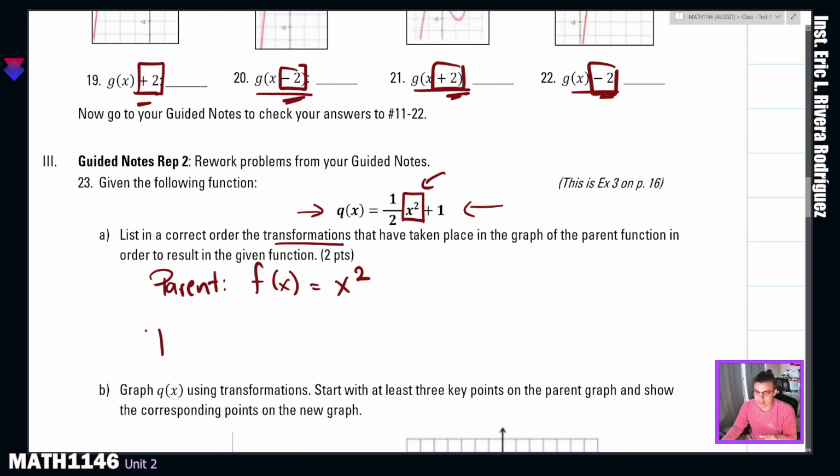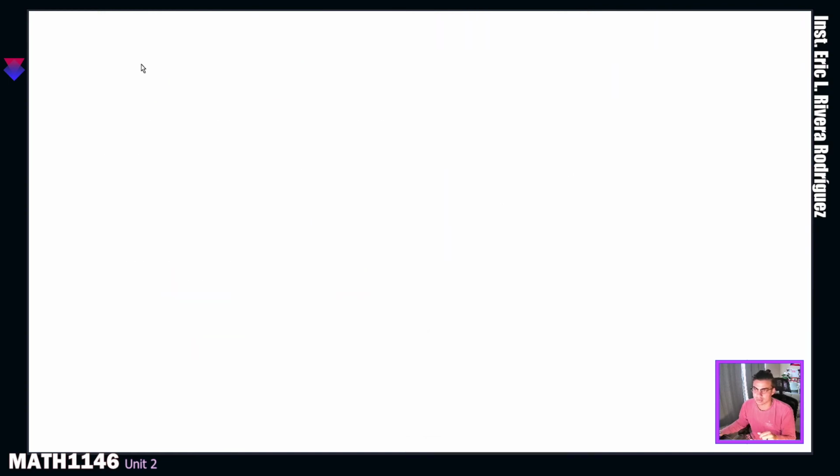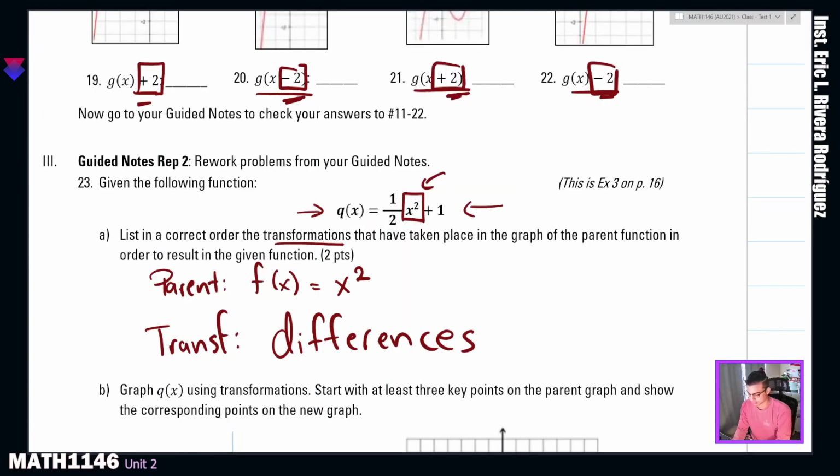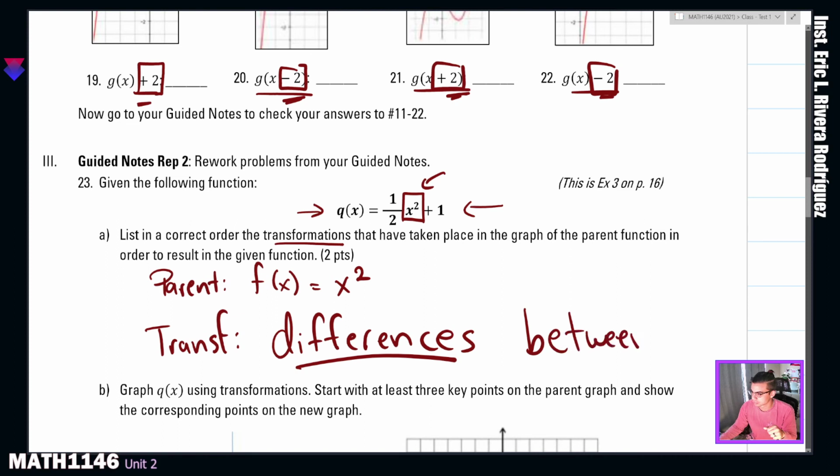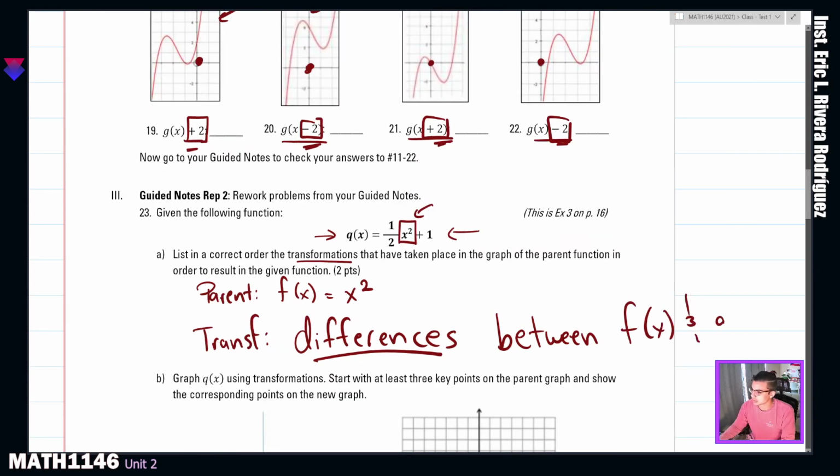Then, to identify the transformations, we are going to look at the differences. You need to identify the differences between the parent function, f of x, and q of x.